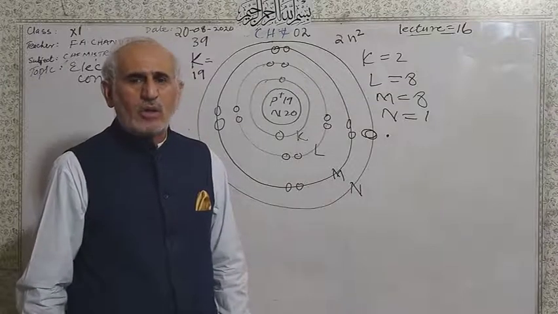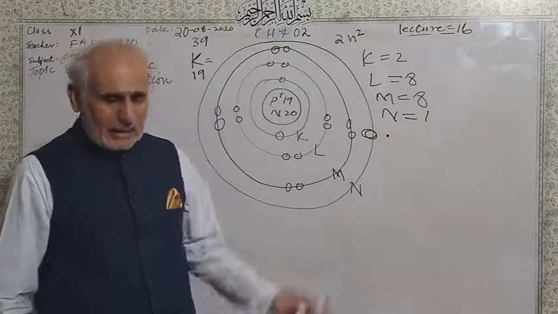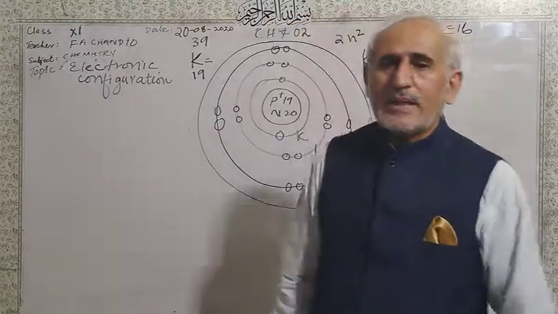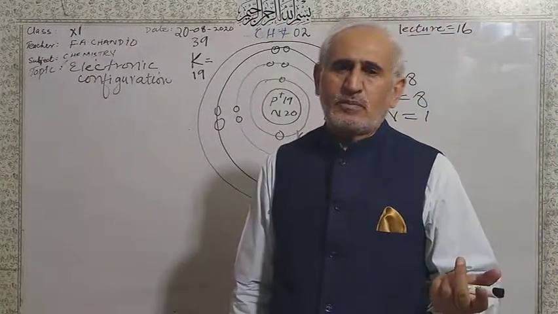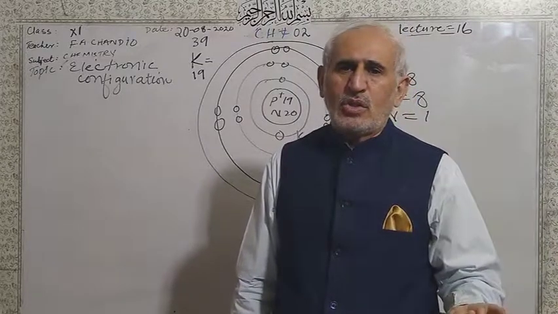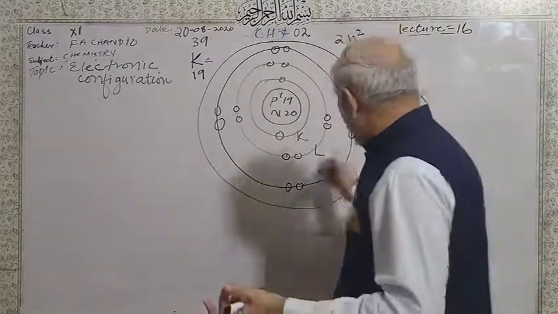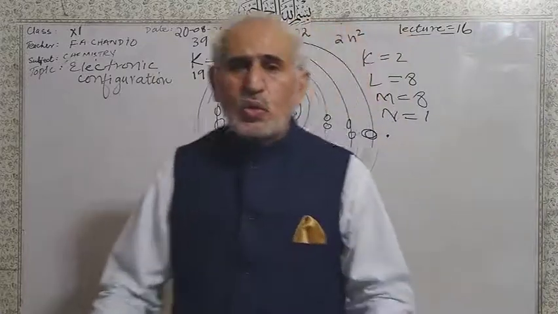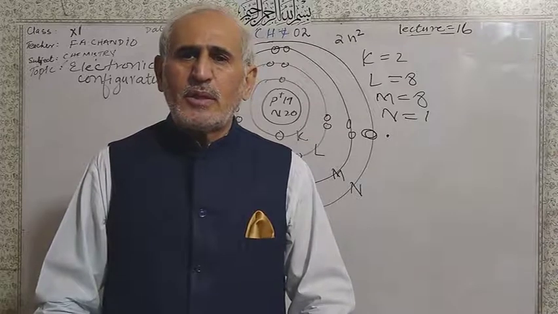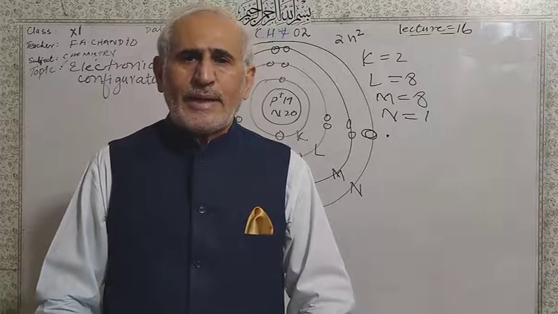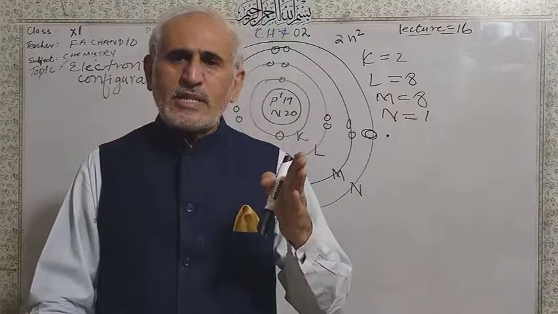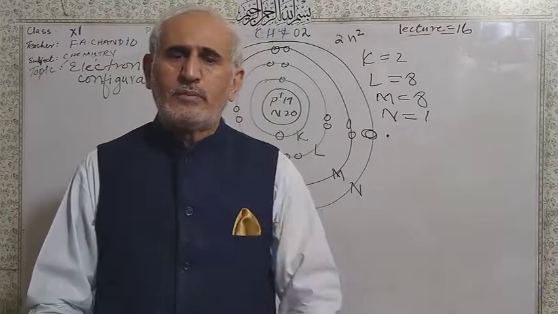But this is wrong. Another argument is that potassium is monovalent. It has a positive 1 charge. If there were 9, it should lose all 9 electrons to get a +9 oxidation number? No. Its oxidation number is +1. It loses 1 electron only.